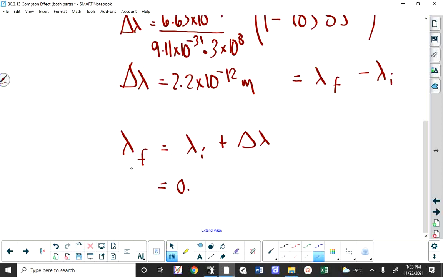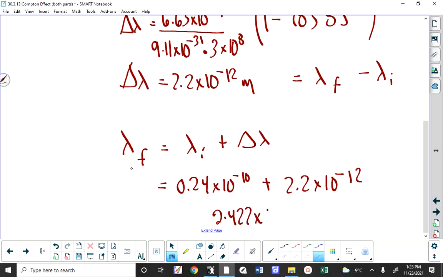That would be 0.24 times 10 to the negative 10 meters, plus 2.2 times 10 to the negative 12, and you're going to get 2.422 times... I'm mistaken, it's 0.24 nanometers, isn't it, before? So it's either 0.24 times 10 to the negative 9, or it's 2.4 times 10 to the negative 10.